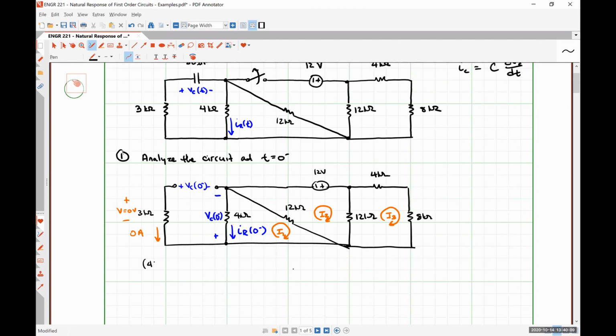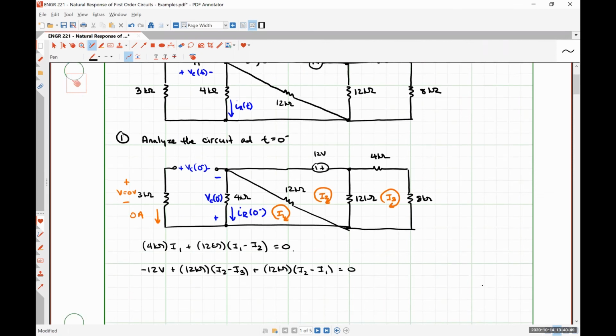So I'm going to have 4 kilo ohms times I1 plus 12 kilo ohms times I1 minus I2 is equal to 0. Around mesh 2, I have negative 12 volts plus 12 kilo ohms times I2 minus I3 plus 12 kilo ohms times I2 minus I1.